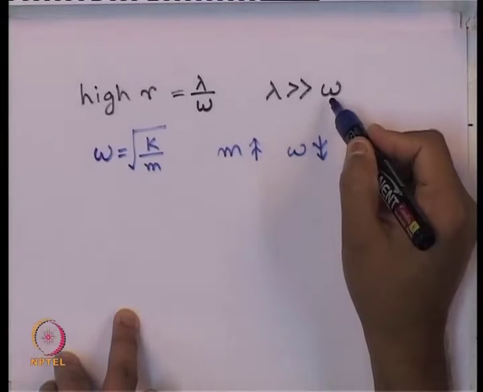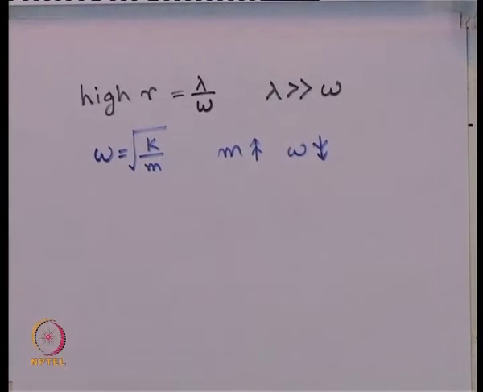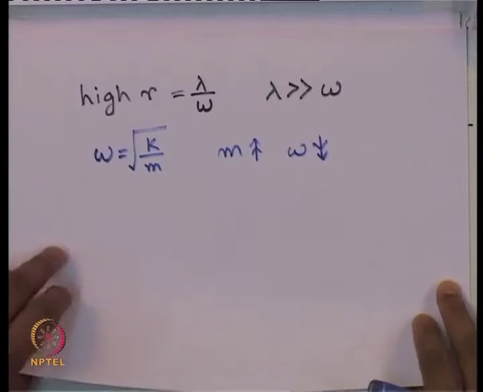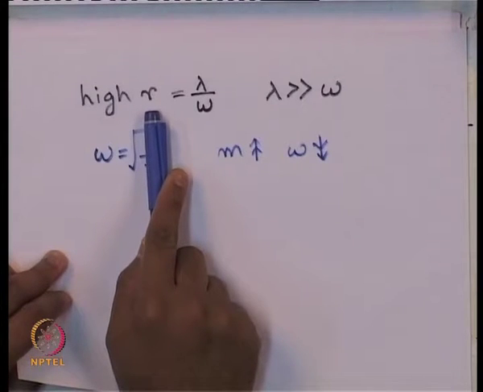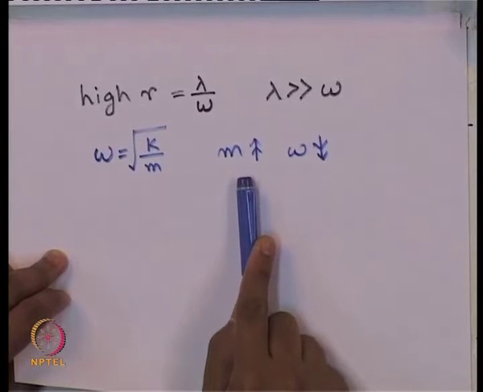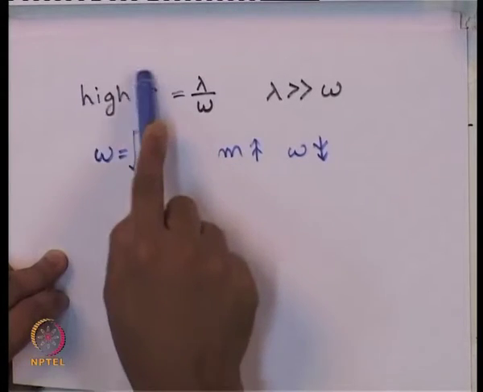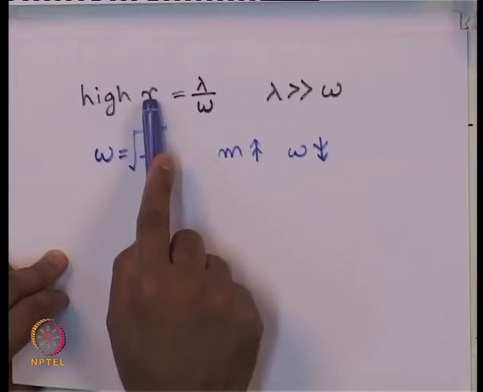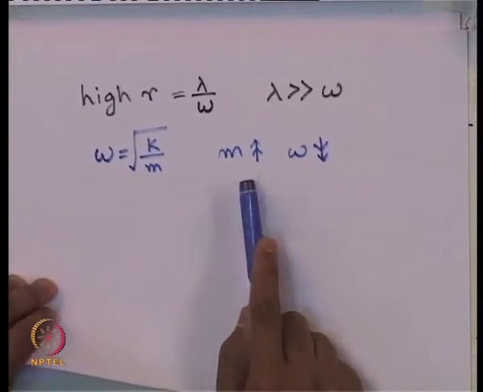That will give us this condition. So, we have identified that a very high value of R can come from increasing the mass of the system. That means this region of very high R is dominated by the mass of the system.